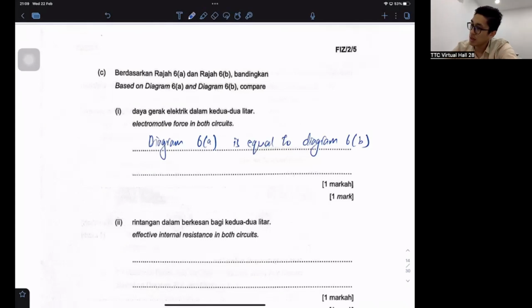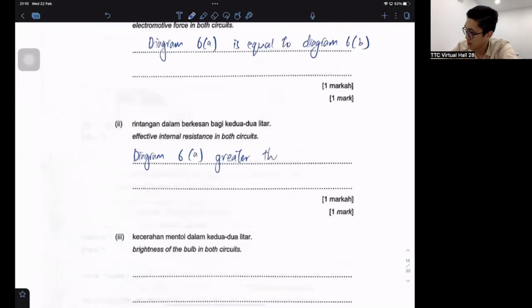So this one will have lesser resistance than this, or this one has more resistance, whichever way also can. So you can say diagram 6A greater than diagram 6B for the internal resistance.